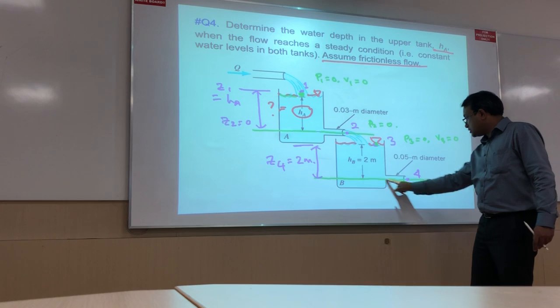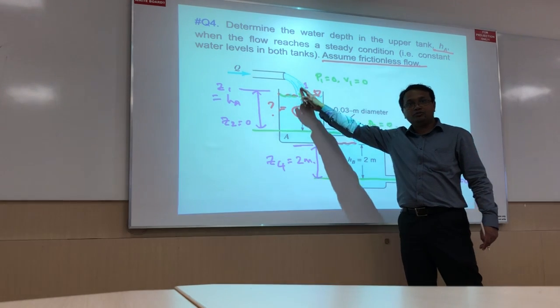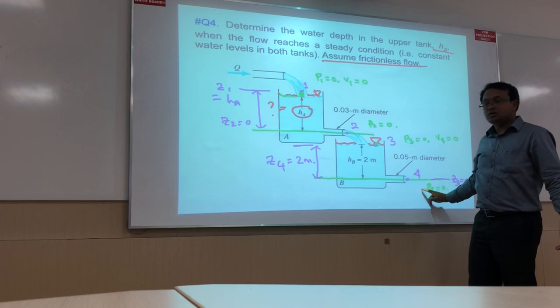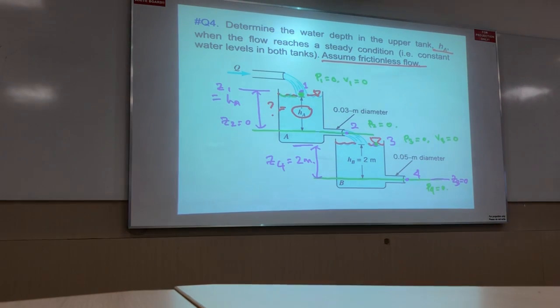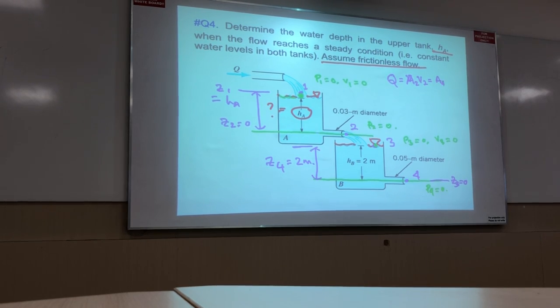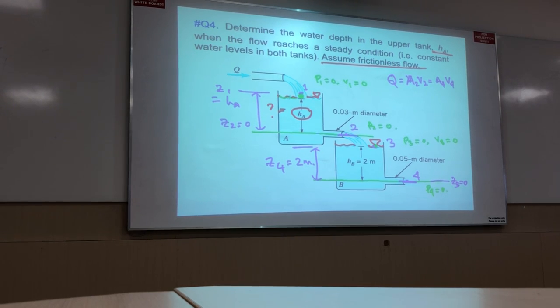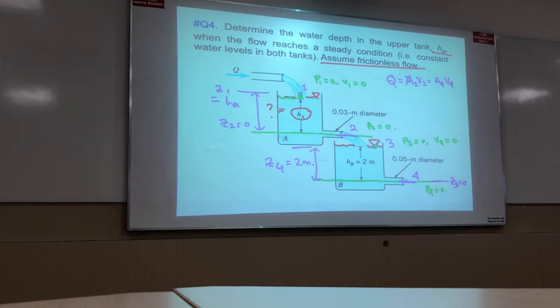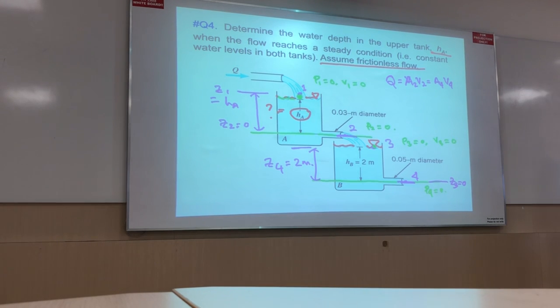The volumetric flow rate Q is the same, so I can write A2 V2 and A4 V4 as the same. That is one continuity equation and Bernoulli's equation.